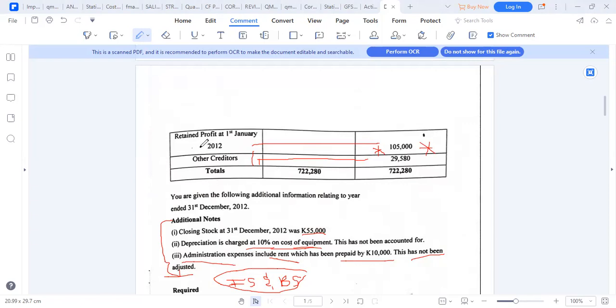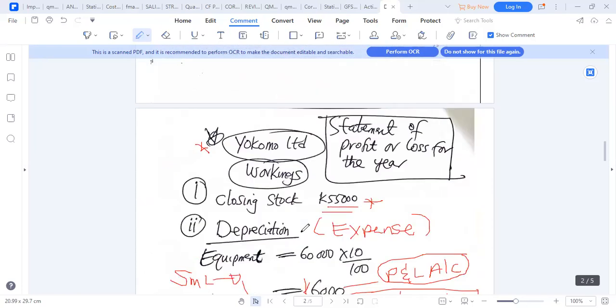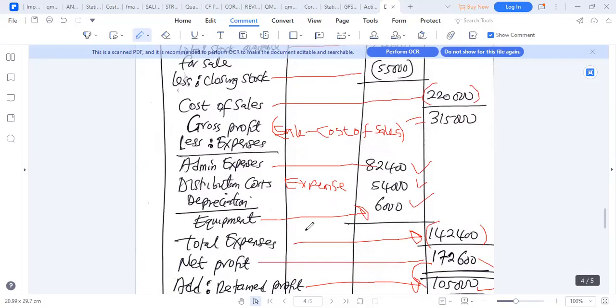Likewise, on the closing date of 31st December, the closing balance we are going to have, we carry forward to the next year, to be an opening profit for that year. That's why we have to account for it and add it to this one.